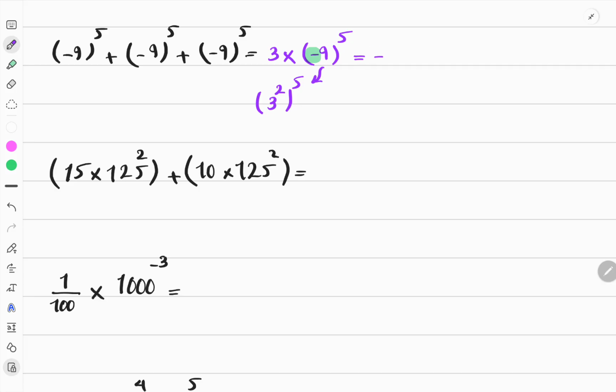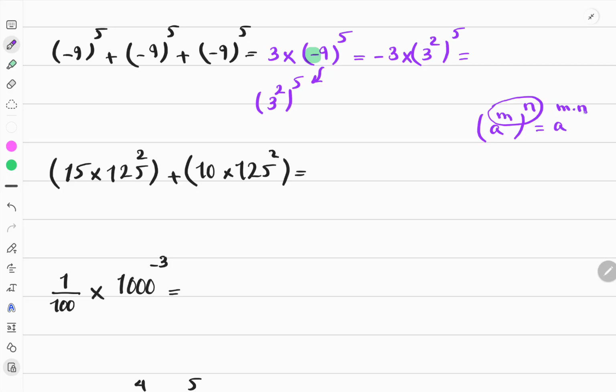So we only have a negative sign here, and we can rewrite this expression as -3 times 3 to the power of 2 raised to the 5. Okay, and we have another rule which is known as the power rule. When you have a power raised to another power, we are allowed to multiply exponents.